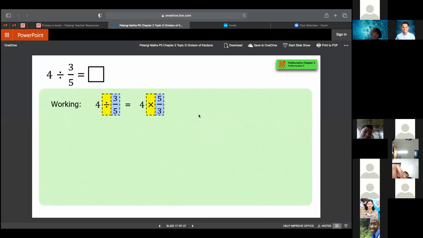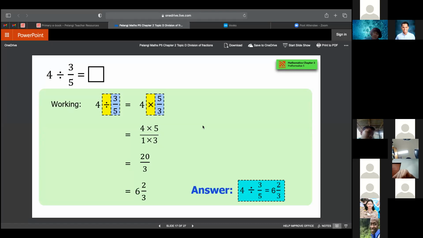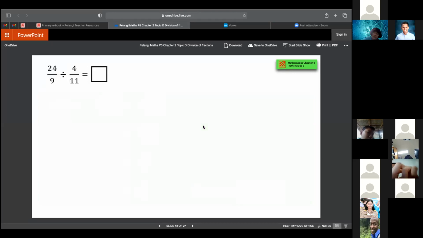You change the sign and then take the reciprocal of 3/5. 4 over 1 times 5 over 3. So 4 times 5, 20 over 3. We can simplify this. 20 divided by 3, we have 6 and 2/3. That is the answer now. 4 divided by 3/5 is equal to 6 and 2/3.